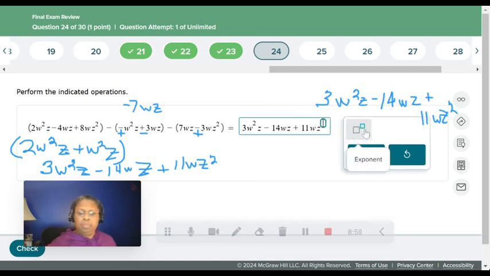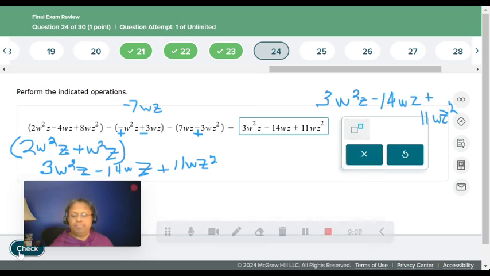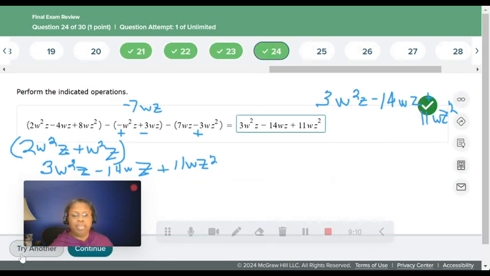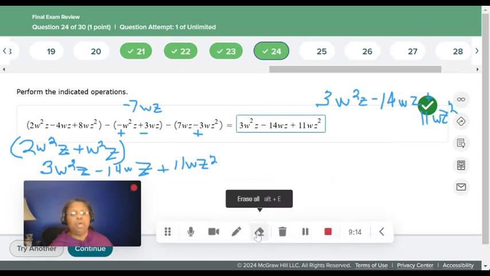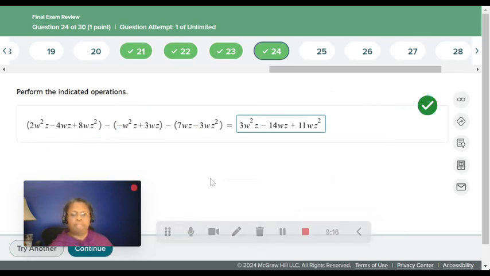Ooh, this is an adventure. Let's see if I did it right. Oh, I have to hit, so used to hitting enter. Yay. Okay, so now I can erase it and show you a different way of solving it.